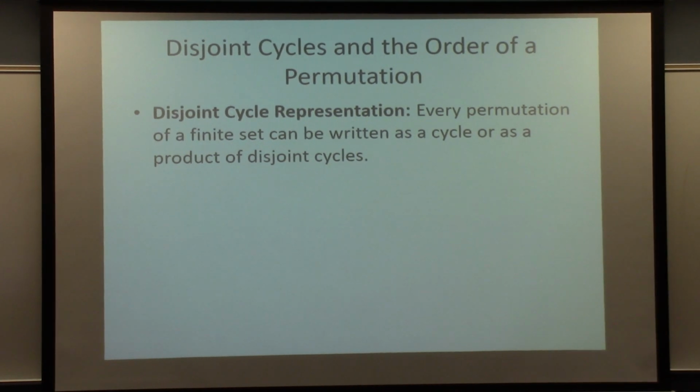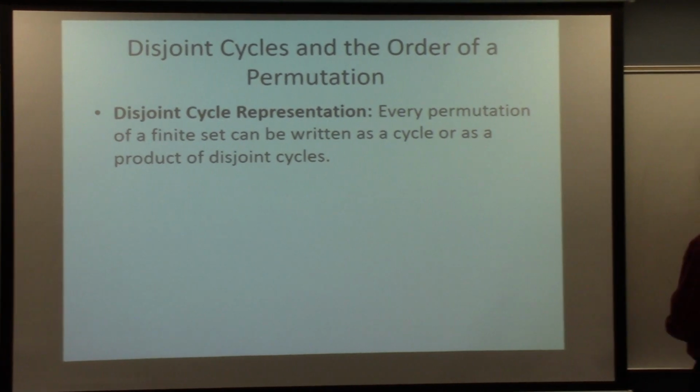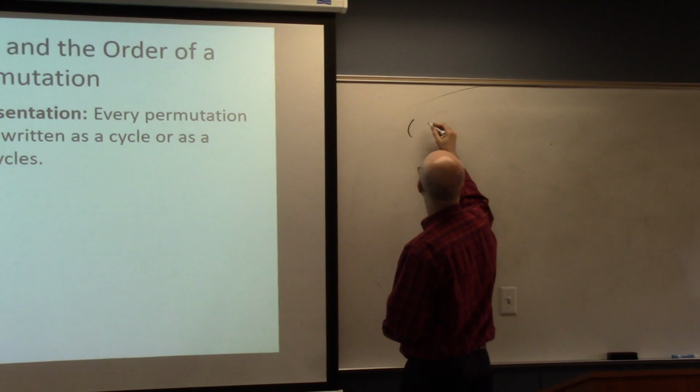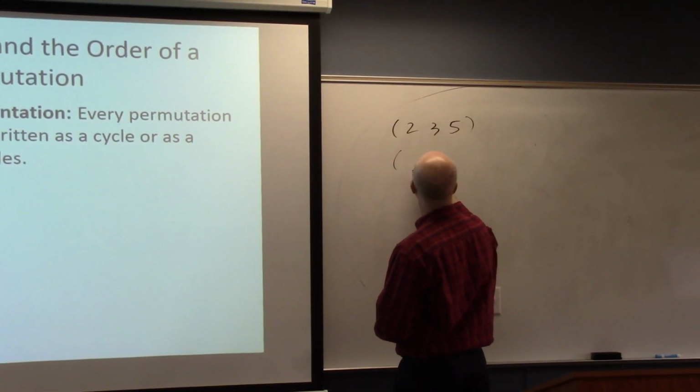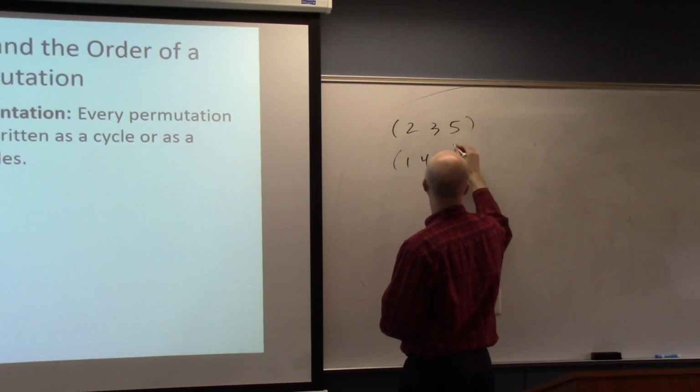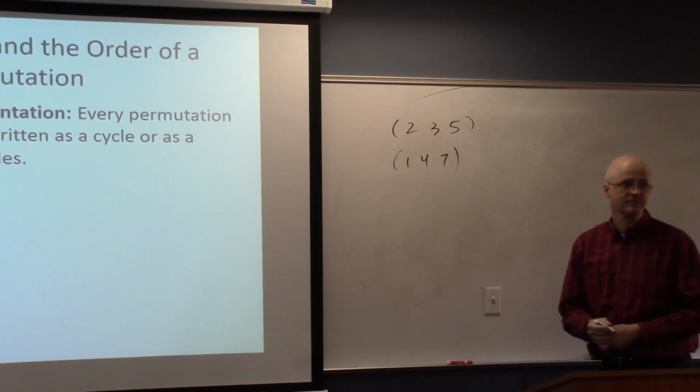First fact is that every permutation of a finite set, like we've been doing here, can be written as a cycle or as a product of disjoint cycles. Product, first of all, meaning composition. Disjoint cycles means when you write it in the simplest cycle notation, they don't have any numbers in common. So for example, (2 3 5) and (1 4 7) are disjoint cycles.